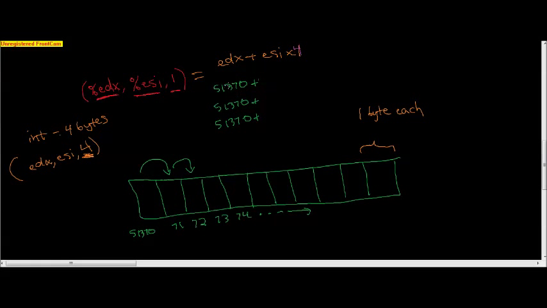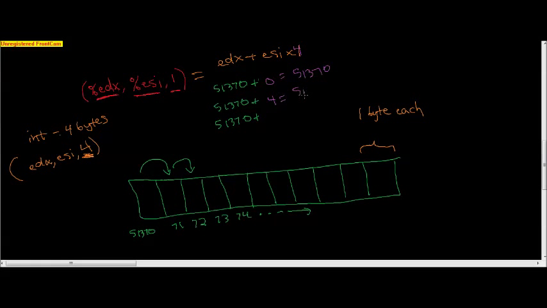This would be 51370 plus ESI would be 0, so this is still the first element of our array, 51370. Right, then for the second one, ESI would be 1, so this would be 1 times 4, giving us plus 4.